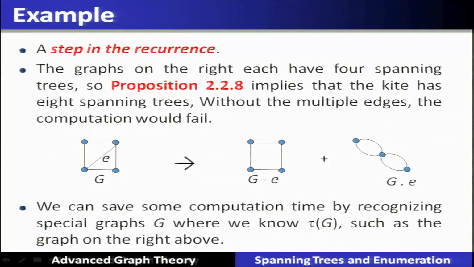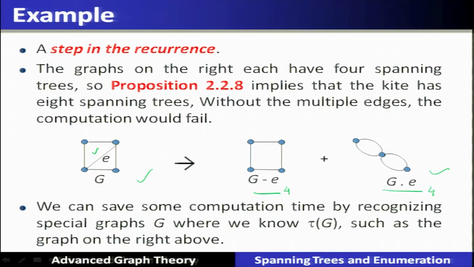So let us take this particular example. If this is the graph, which is a kite graph, when we remove this particular edge, this will be the graph without E, and this will be the graph when we have contracted the edge. Now if we count the possibilities in this graph G minus E, we have seen there are 4 possibilities, and how many are there here?